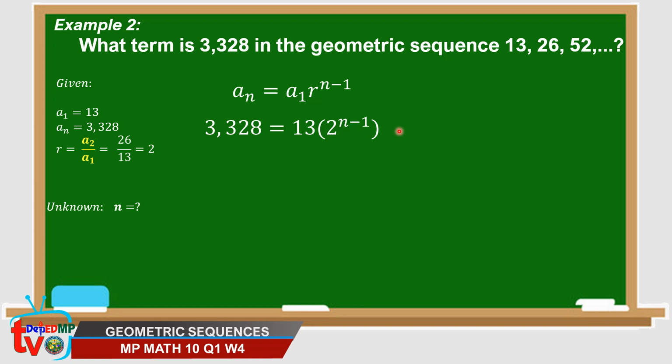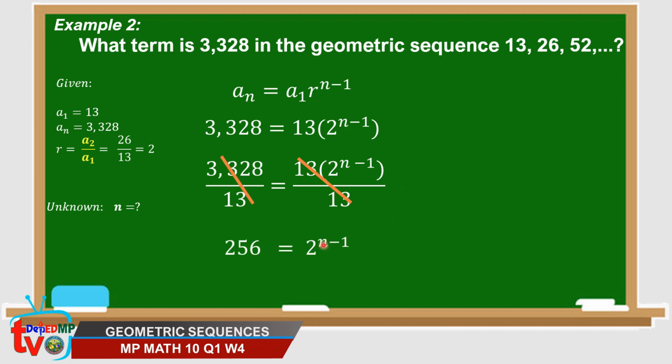Let us now solve the equation. We cannot multiply 13 to this enclosed quantity because they are unlike or different terms. So we divide both sides of the equation by 13, and the resulting equation is 256 is equal to 2 raised to n minus 1, which we call an exponential equation.